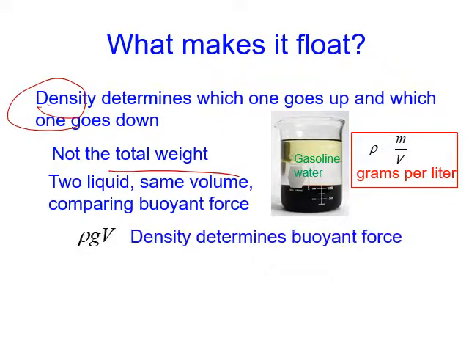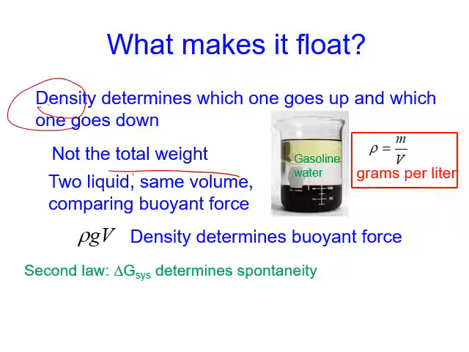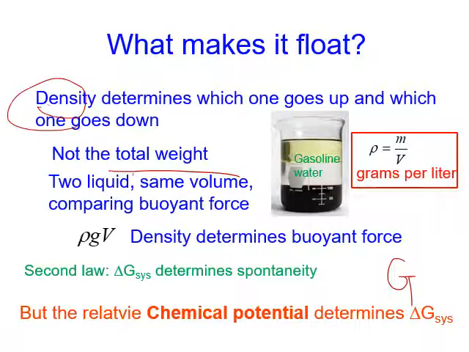Similarly, we're going to see that for phase transition, it's not the Gibbs energy itself, but the molar Gibbs energy or chemical potential that determines the spontaneity of the phase transition.